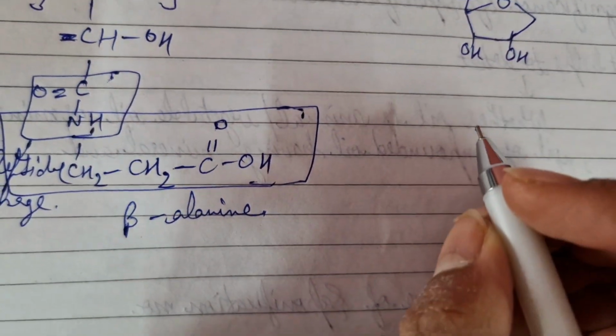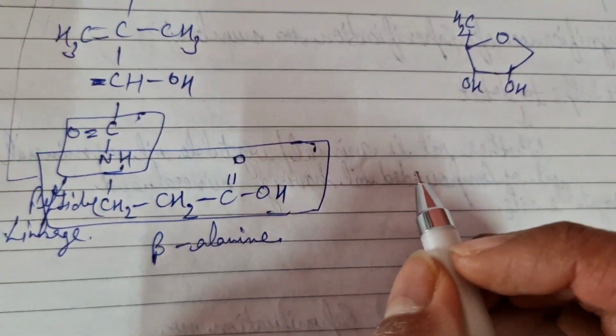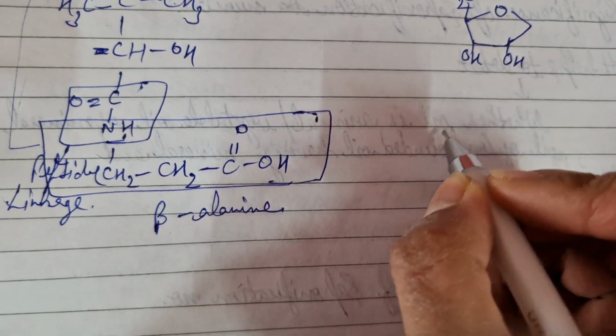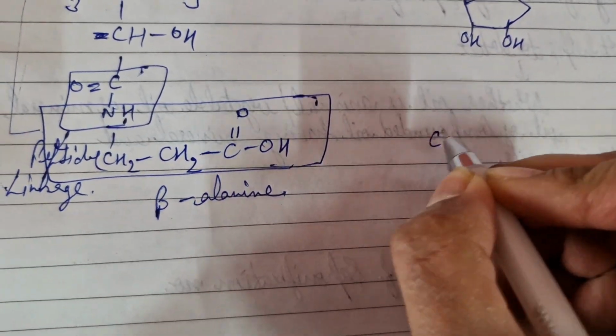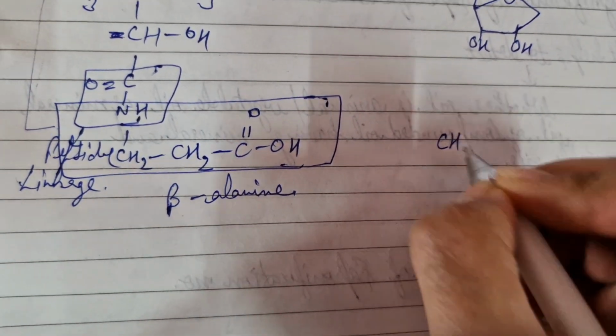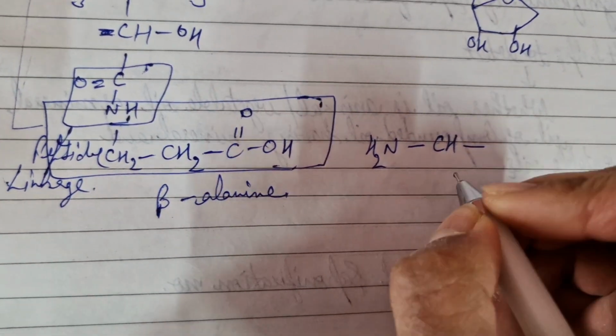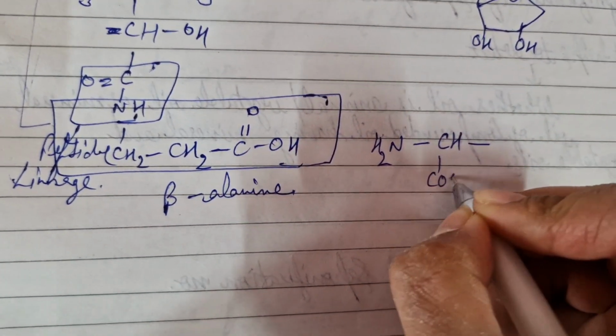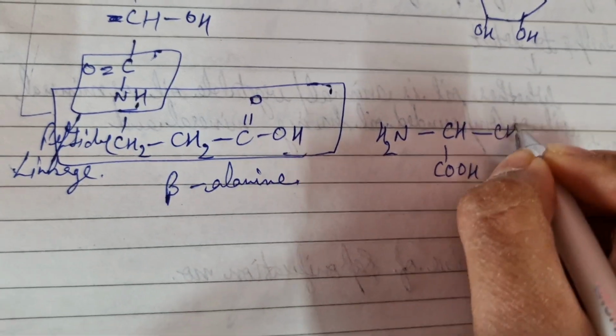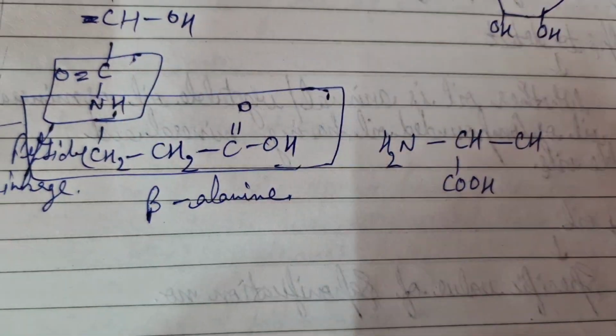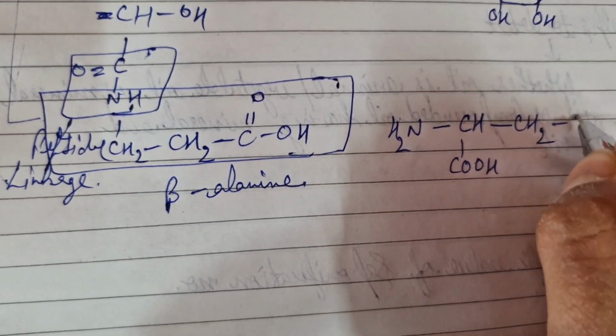to form peptide linkage. That is, we will first of all write the structure of cysteine, which is CH, NH2, COOH, CH2SH.